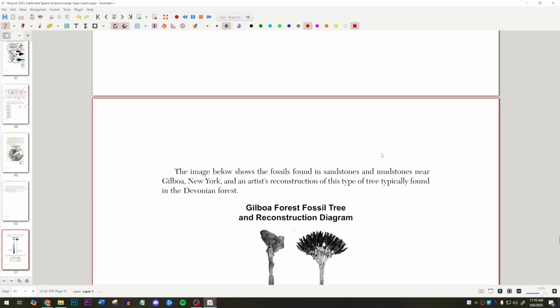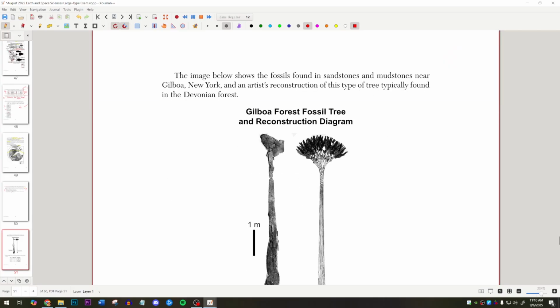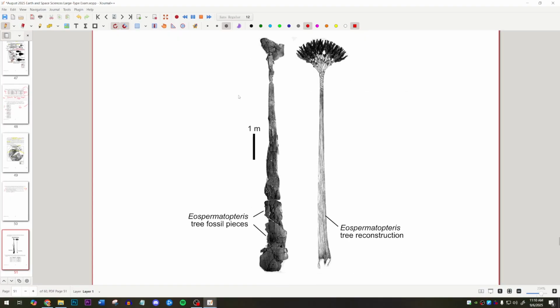The image below shows the fossils found in sandstones and mudstones near Gilboa, New York, and an artist's reconstruction of this type of tree typically found in the Devonian forest. So there's a fossil, and then he drew what they thought it might look like.